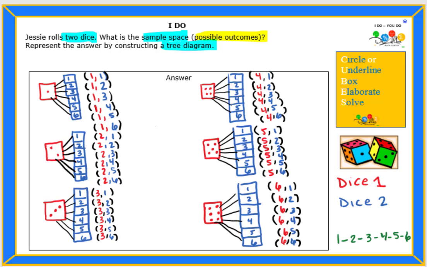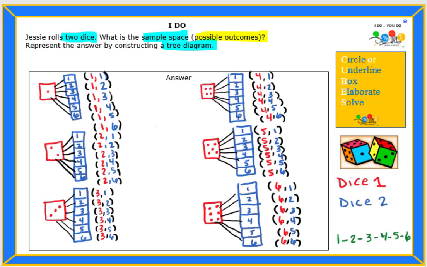We could count them, that's right. And if we were going to count from the tree diagram, we would count the outermost section. So in this case, we will count the blue dice. Or I can use the fundamental counting principle that says that the total combinations or possible outcomes can be found by multiplying the possibilities for your first event.